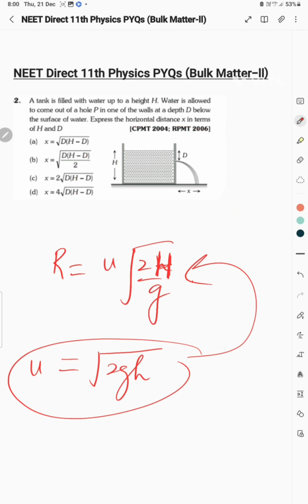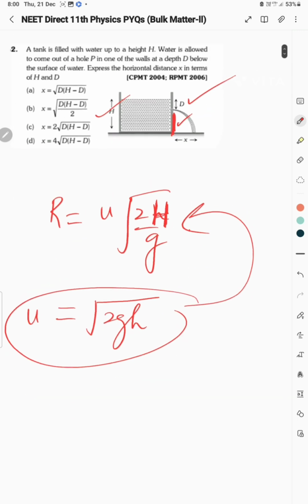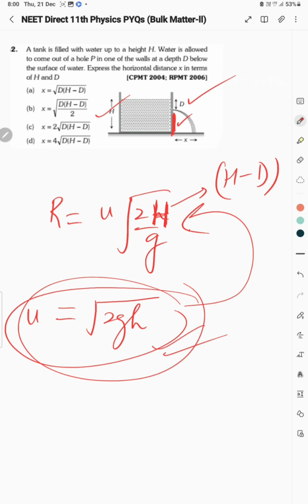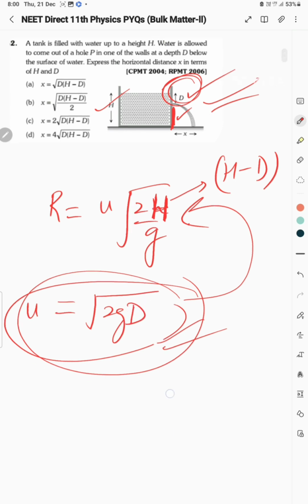But as this water projectile is being launched from this height, means capital H minus D, so instead of h, I should write H minus D. I'm teaching you how to convert projectile motion concept into the range of a water jet. And as per Torricelli's equation, this 2gh, here h is height from the top, and in this problem, as you can see, it is capital D. So here I'll write this.